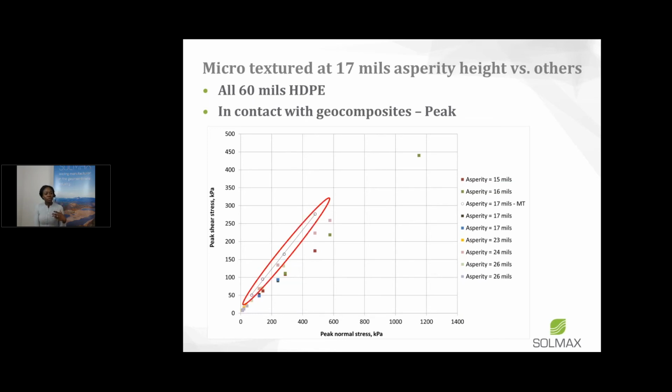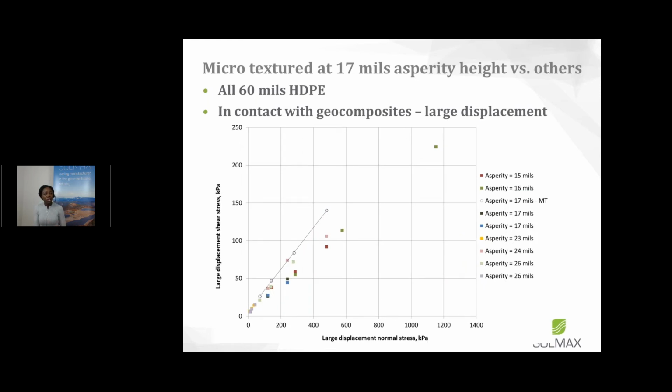And what we found again is with all the applied stress range that we looked at, the microtexturing process helped us to achieve a comparable or greater shear strength as we would achieve with, say, a 24 mils asperity, or even the other ones. Really, anything below that line is lower than what the microtextured achieved. Anything above that line is higher than what the microtextured achieved. So most of them fell along that line or even below it.